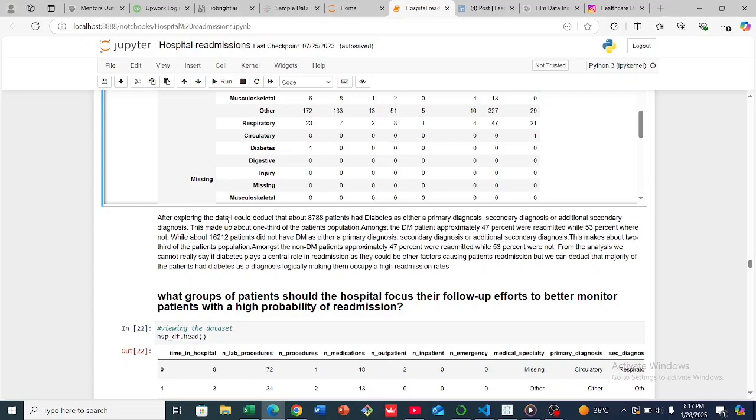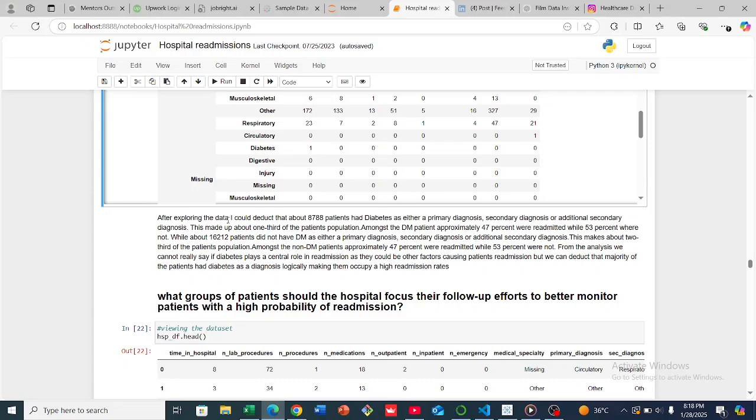Amongst the DM patients, approximately 47% were readmitted, while 53% were not readmitted. About 16,212 patients did not have diabetes mellitus as either a primary diagnosis, secondary diagnosis, or additional secondary diagnosis. This makes about 2/3 of the patient population. Among the non-diabetic patients, approximately 47% were readmitted, while 53% were not.